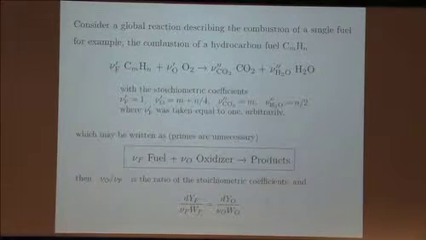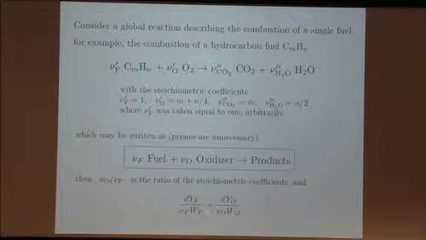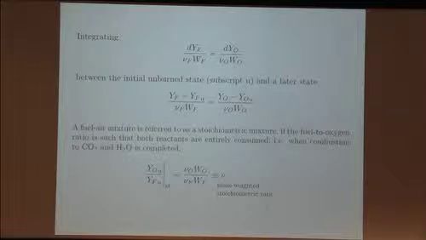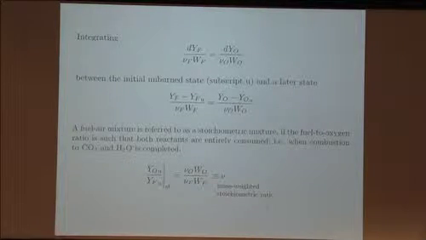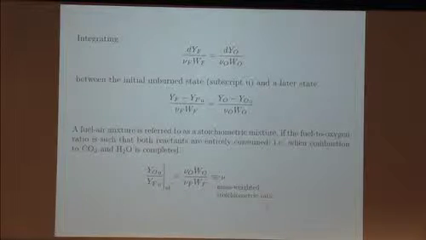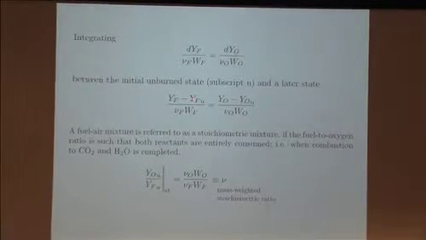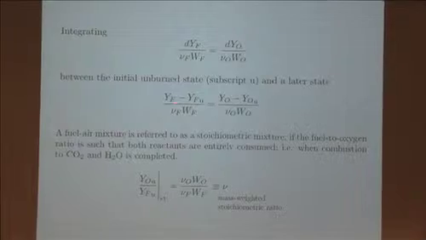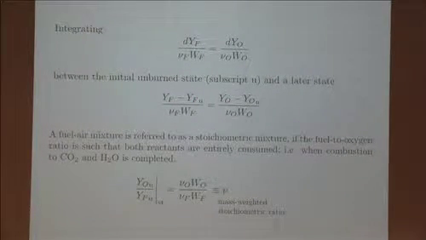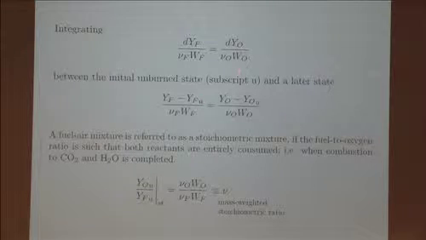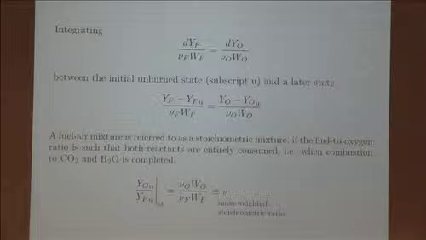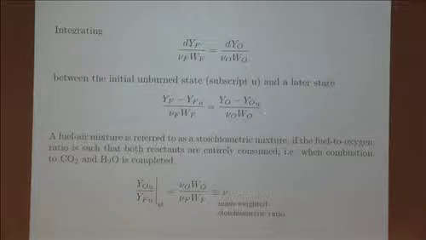This is essentially what's written here. And we can integrate this from the unburned state to some intermediate state. So we're integrating the relation that was written previously from the unburned state to some state. And so you get Y_F minus Y_F,u, where u represents the unburned, divided by this factor, is equal to Y_O minus Y_O,u divided by this factor.